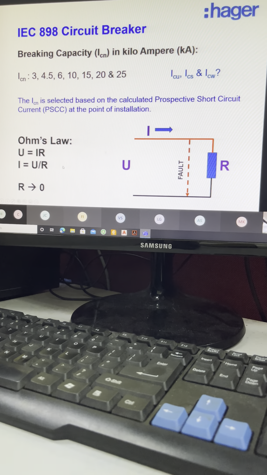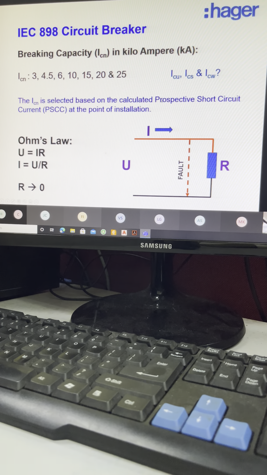Now, what is ICU, ICS, ICW? This is the rating on the breakers to tell the users how much fault current the breaker can withstand. ICU is the ultimate breaking capacity. As a basis of design, once you calculate your PSCC, your breaker ICU must match that PSCC or be more.